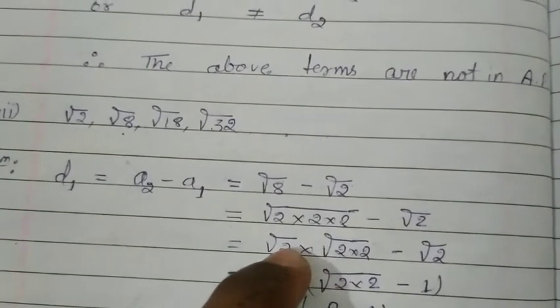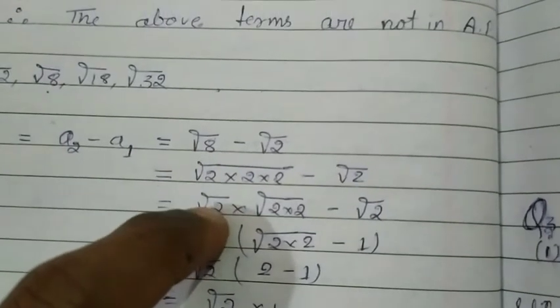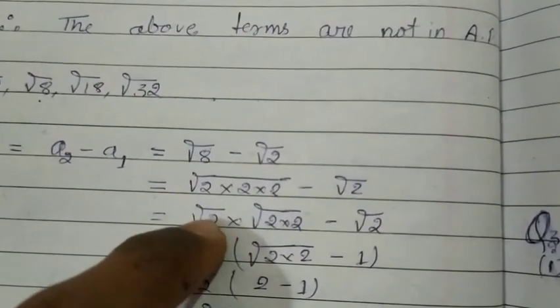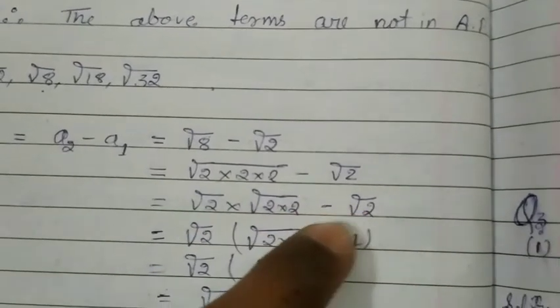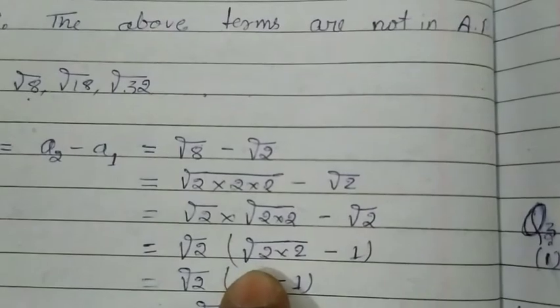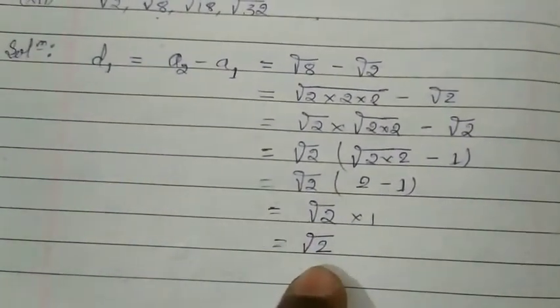If you have learned or studied it clearly, then you will not get confused. So we got root 2 as common. So in the bracket it is 2 minus 1, that is 1. So finally D1 is under root 2.